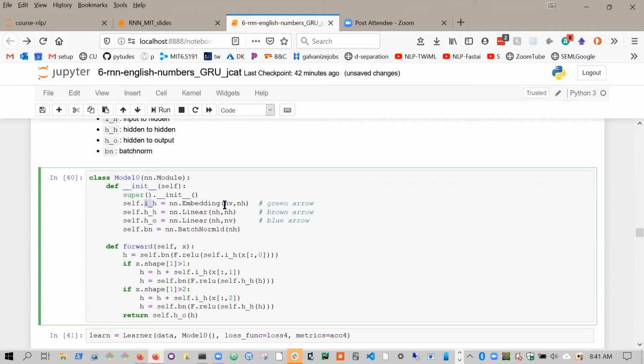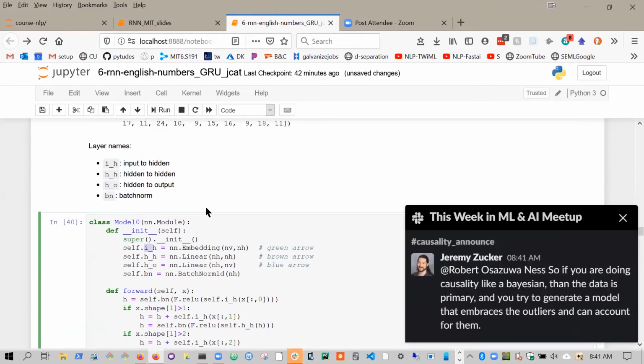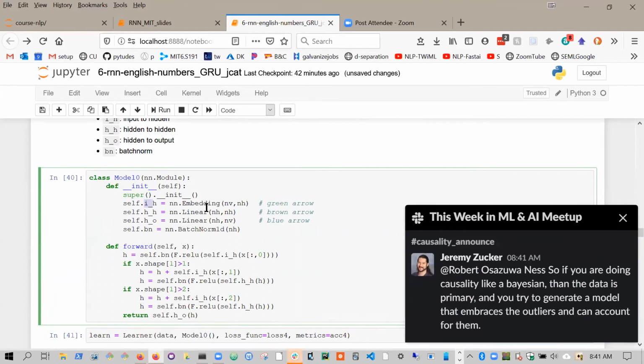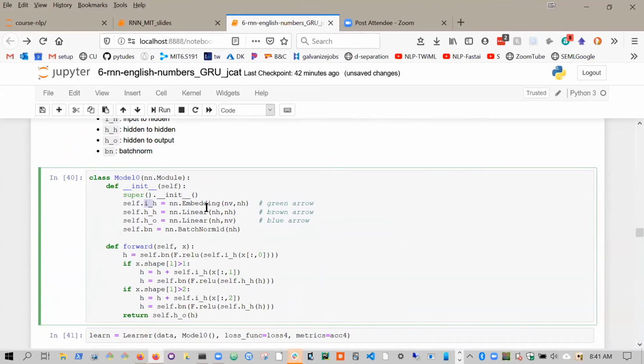And if you multiply it by an input vector, the input vector is going to be of size 40.